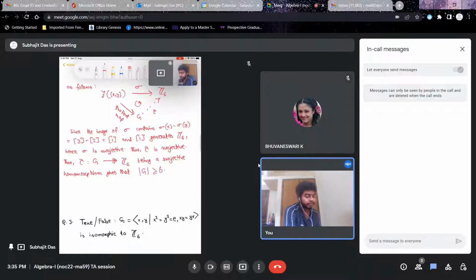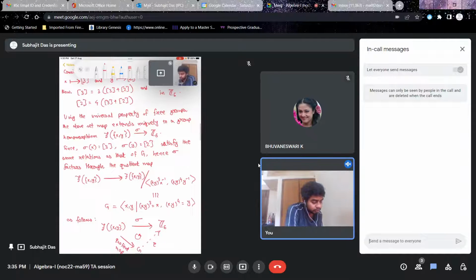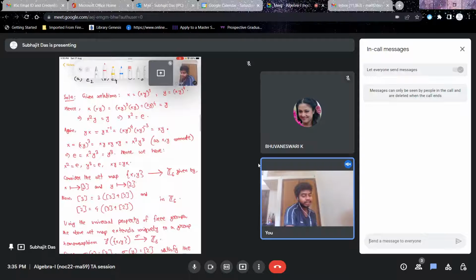But then again, we know that every element of G is of the form x^i y^j. Notice that we have found out that x squared is identity, y cubed is identity, and xy is yx.